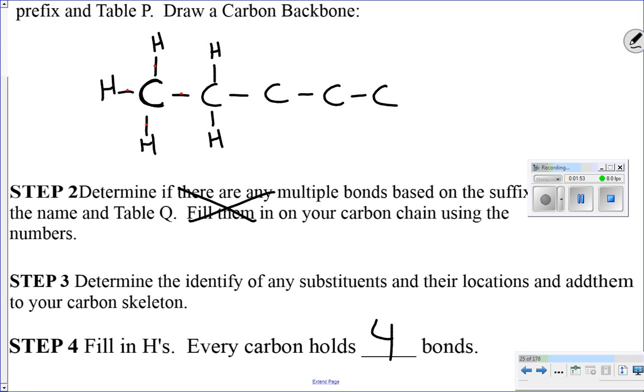So 3, 4, we'll fill that up with H's. The next carbon, 1, 2, 3, 4. 2 bonds on the next carbon, 3, 4. On my end carbon, I currently have 1 bond, so I can add 3 hydrogens.